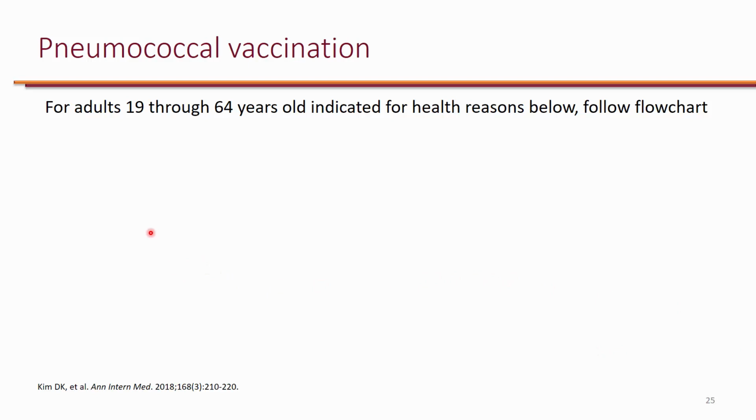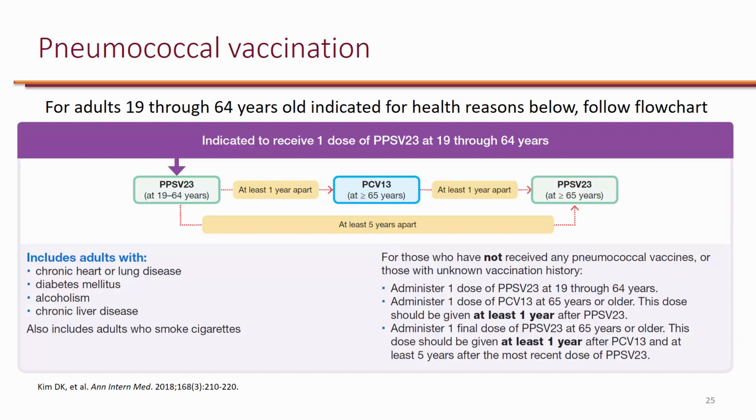And of course, we had previously covered pneumococcal vaccination. So just as a review, for adults 19 through 64, here are the recommendations. Obviously anybody who turns 65 will need to get a PCV13 and a PPSV23.